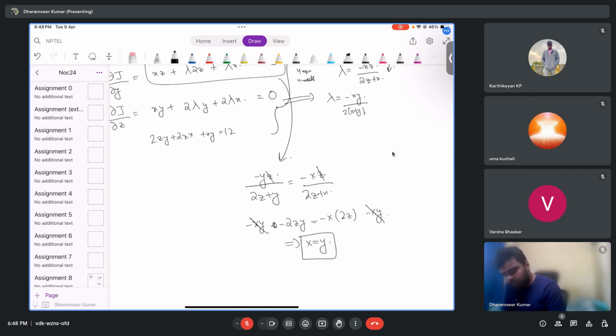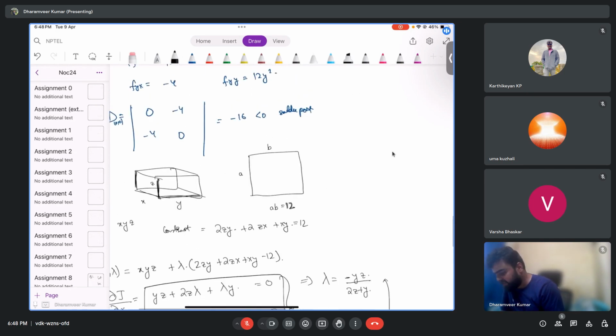Okay, z was gone, minus 2zy minus xy minus 2xz minus xy, this is gone, and we subtracted minus 2z, it implies x equal to y. That's what I was telling you.